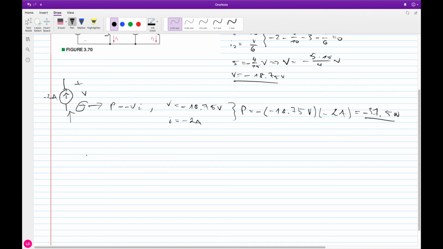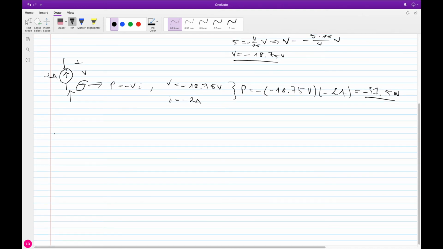Now for the other element, I'm going to be drawing it here. So we have a current going down. We have a voltage here, and this is a 3 amp source. Again, we take the sign for which the current is going in, which is positive, and we say P equals VI. Again, this sign right here is positive because of this pole, and we know that V again is negative 18.75 V, and that I is equal to 3 amps.